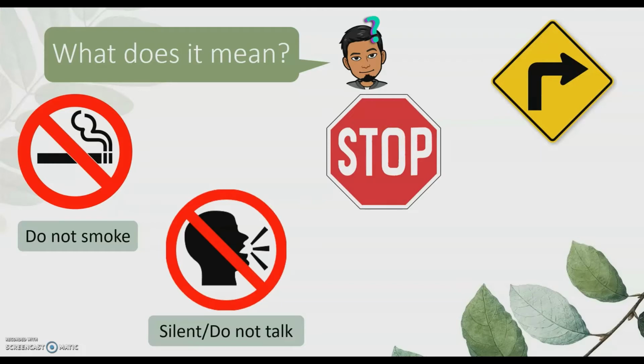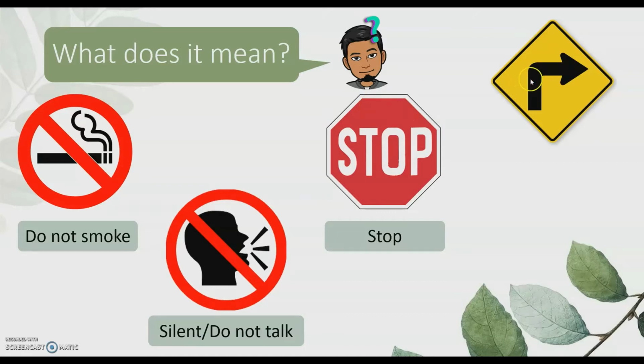I think this one is the easiest one. Okay. The sign is about stop. To stop. Usually we will see this type of sign on the road when we are in a car. We usually see this type of sign for us to stop. Okay, when we see this type of sign, we need to stop.